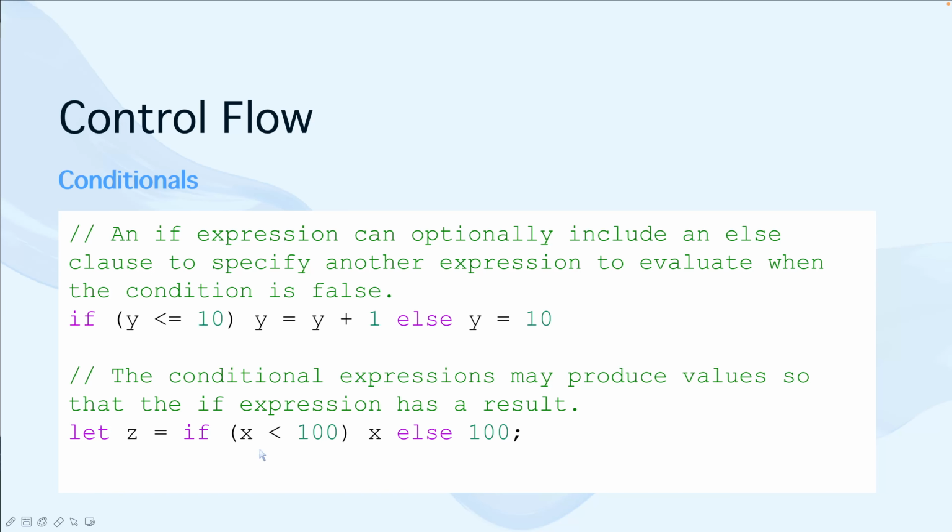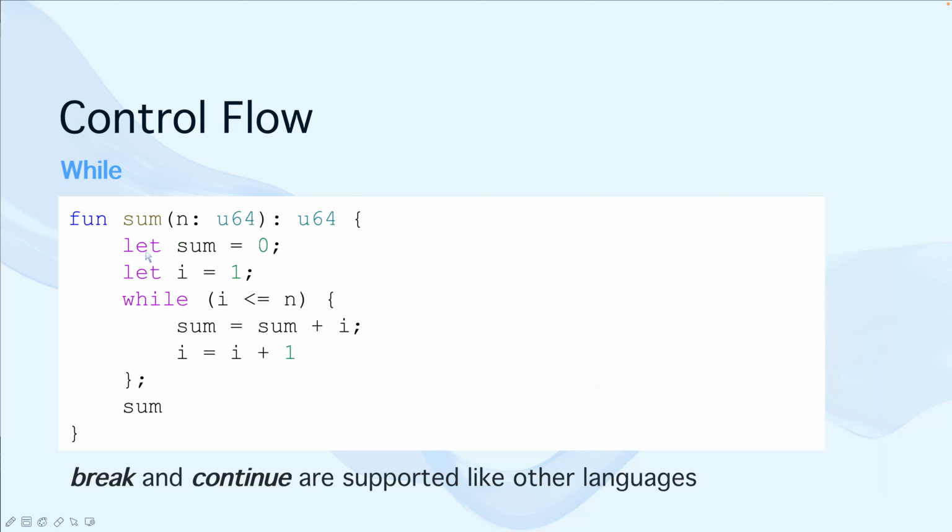The while construct repeats the code body until the condition evaluates to false. So in this example, the function sum defines sum to be 0 and i to be 1. And while i is less than or equal to n, then we just add i to the sum.